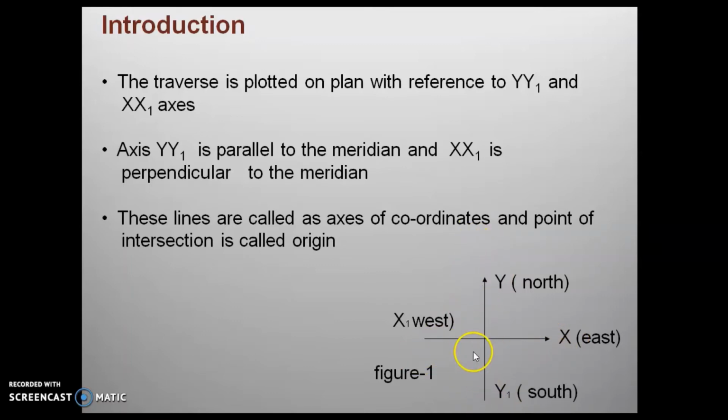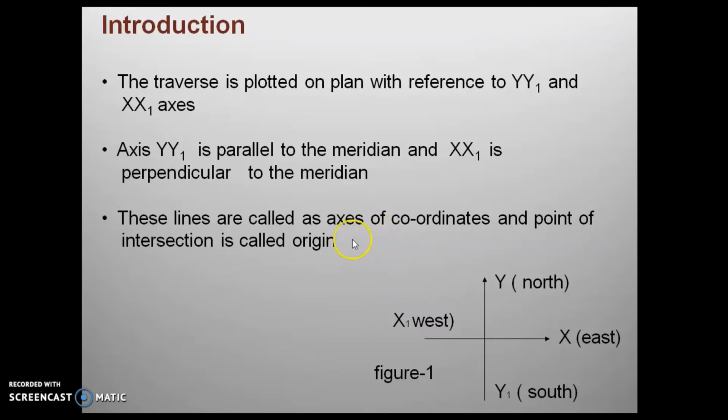Always north is the meridian. Now these lines are called the axes of the coordinates, and the point of their intersection is called the origin. You have studied the basics of this even in your schooling, in trigonometry. In that concept only we are going to work here now.